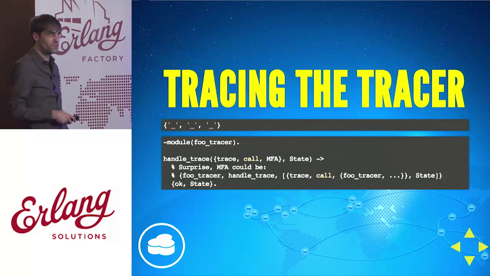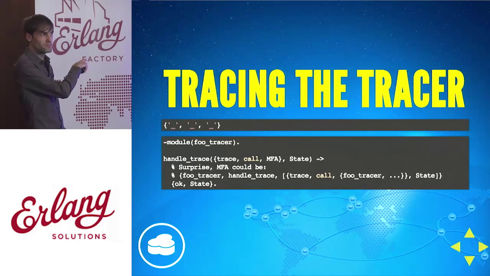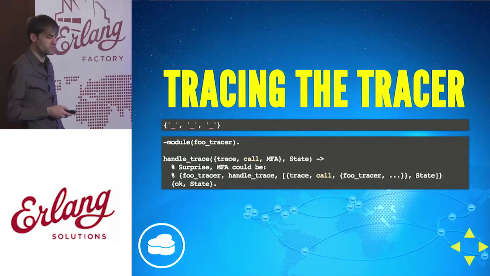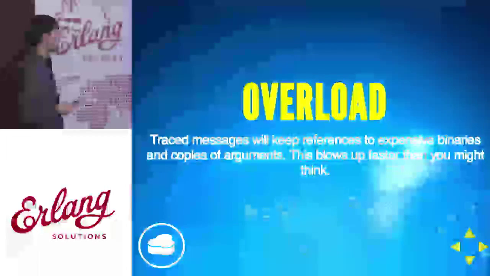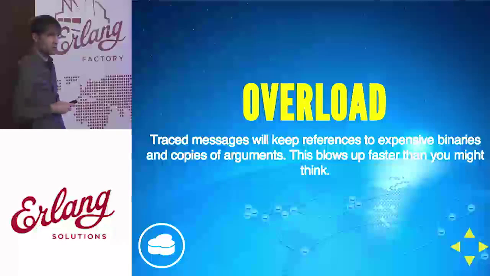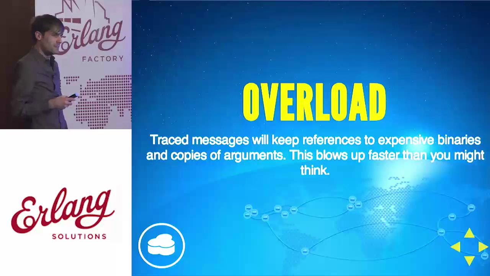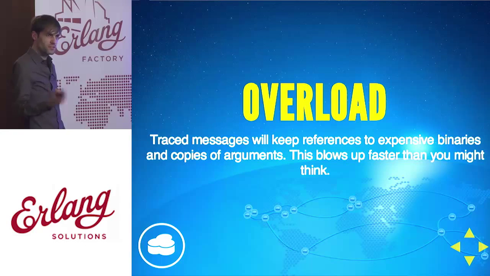One of the first ways to do that is to be very careful about your pattern matching. Just don't allow anything in. You usually don't need everything. There are other things this underscore pattern causes as well. Overload is one. If you ever watch reduction counts, if you ever get process info on different things, you know that things are executing pretty fast. There are a lot of things going on.